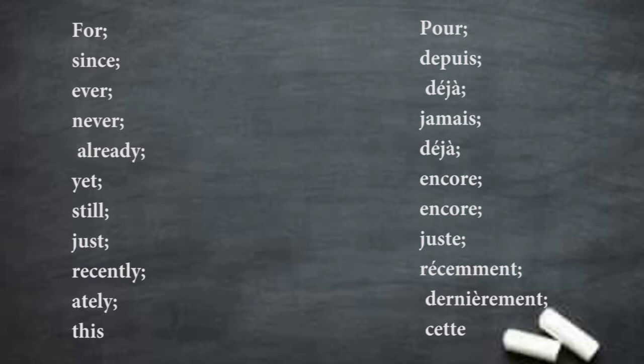Example, I have just seen him. So you have the word just. It triggers the present perfect. She hasn't finished yet. Yet is also another word that triggers the present perfect.